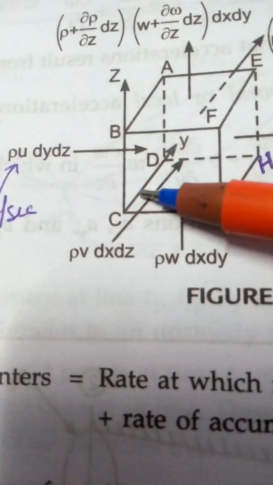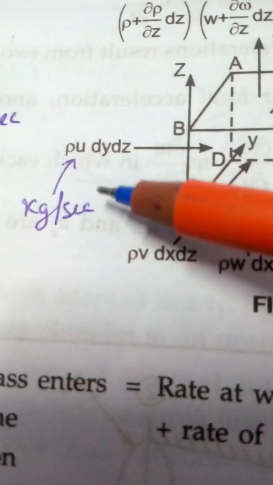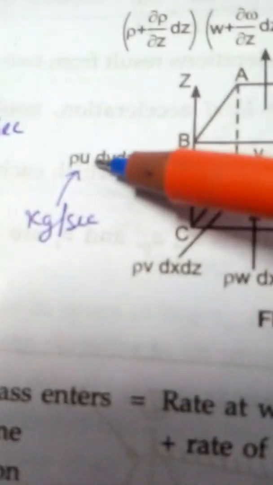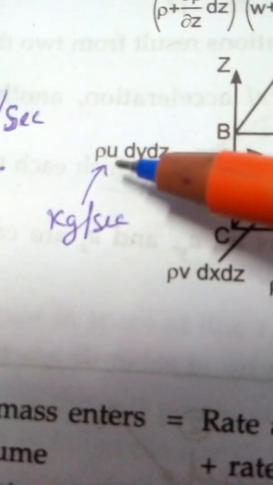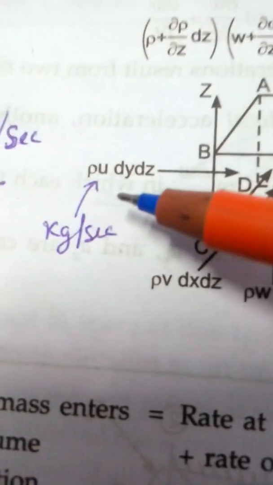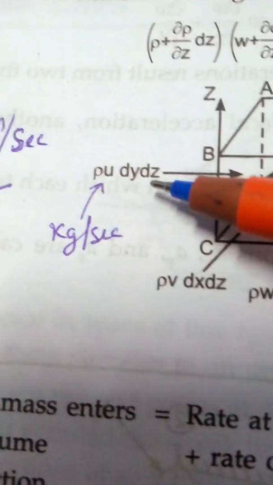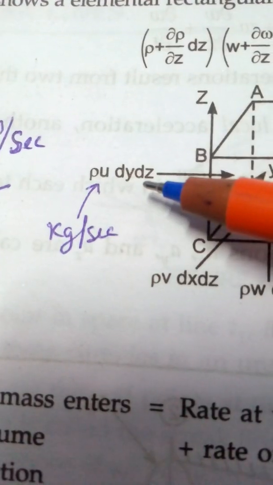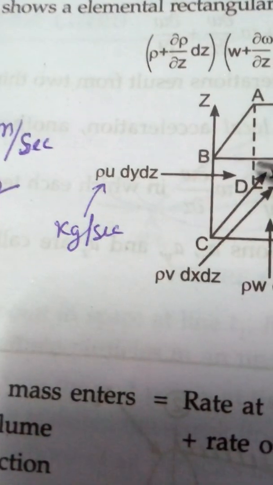Now let us concentrate first on the x direction. So rho u dy dz is the mass flowing into the rectangular parallelopiped.